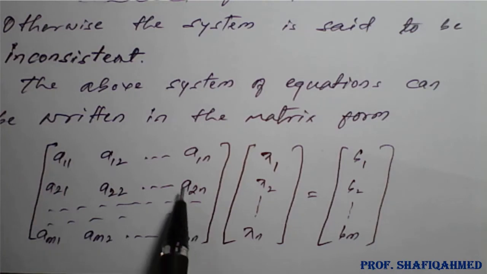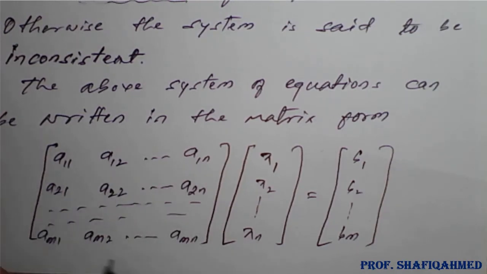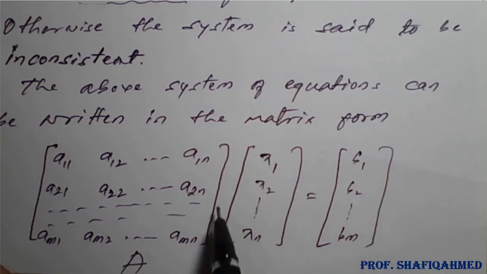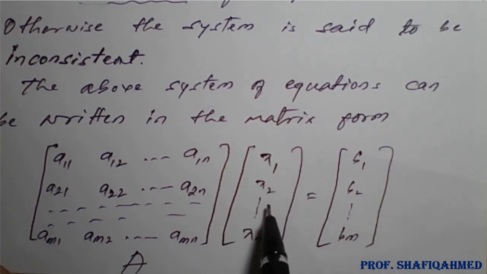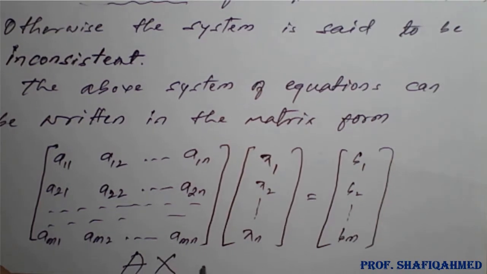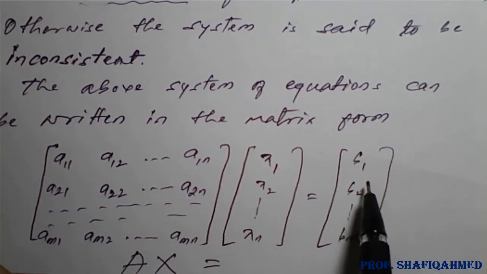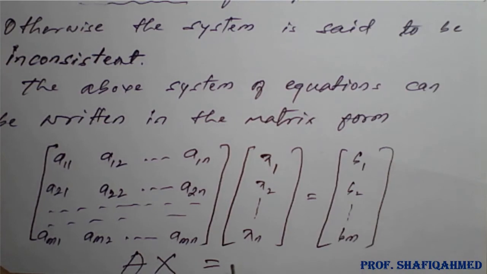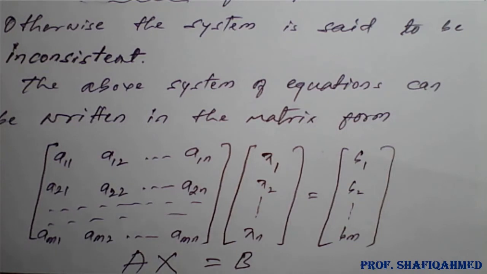I will consider this whole matrix as A, the column matrix x1, x2, so on xn as capital X, and the right side as B. This is matrix A, matrix X, matrix B. Here A is a matrix of order m cross n, X is a matrix of order n cross 1, and hence the product is denoted by B, which has order m cross 1.